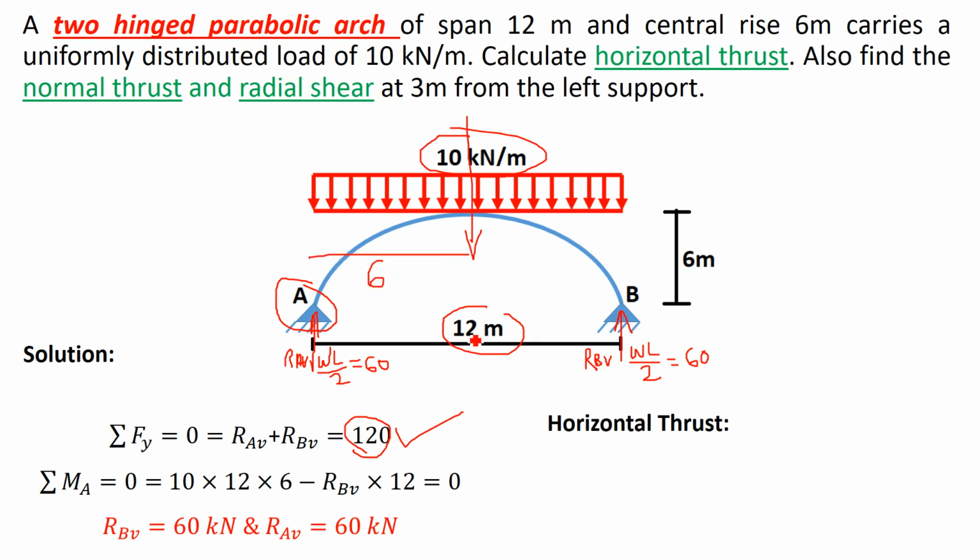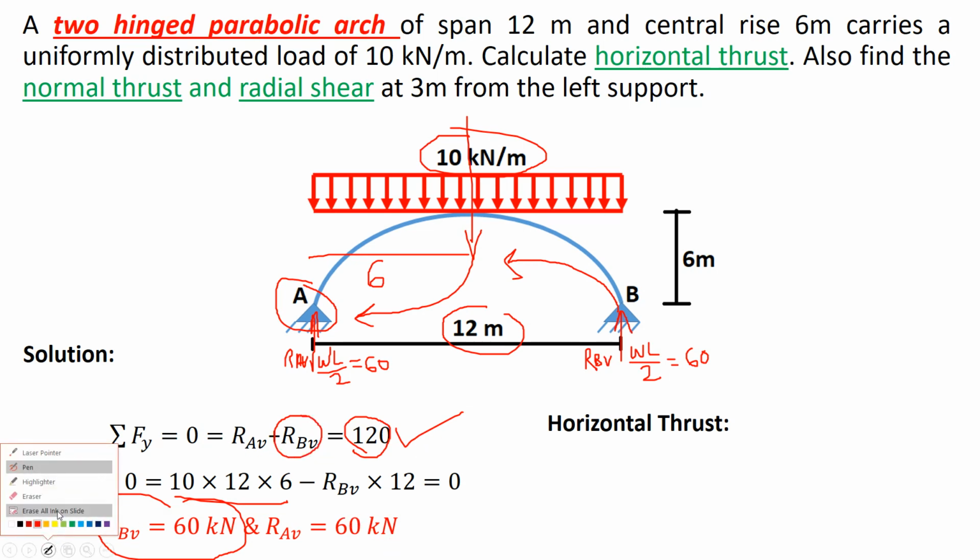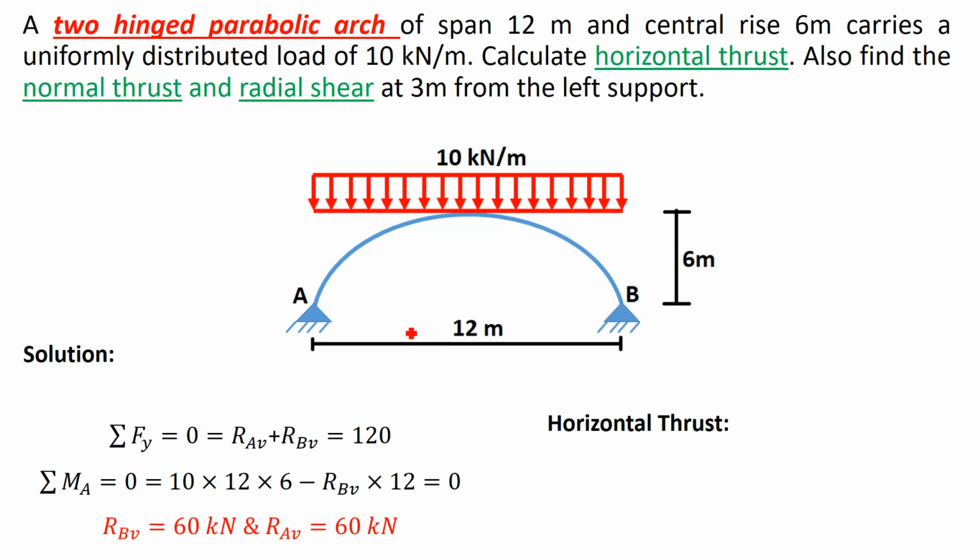So 10 into 12 into 6, it produces clockwise moment, so it is plus. Then moment of RBV, it is RBV into 12 meter perpendicular distance, the moment is anti-clockwise, so minus, we will get RBV from this as 60. If you put this RBV in the first equation, we will get RAV also 60. So we can use the direct formulas also, WL by 2, WL by 2, to find out the vertical reactions. So now we got the vertical reaction at A is 60 and vertical reaction at B is 60.